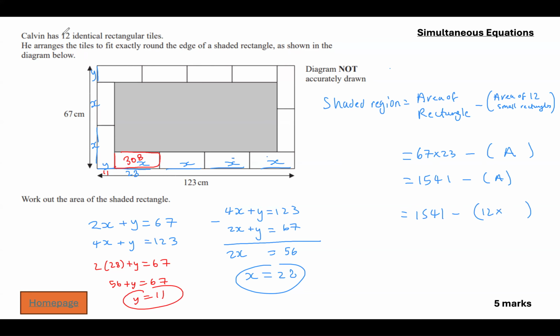The question actually says we don't need to count. 12 times 308. So the area of the shaded region is going to be 1,541 minus 12 times 308.